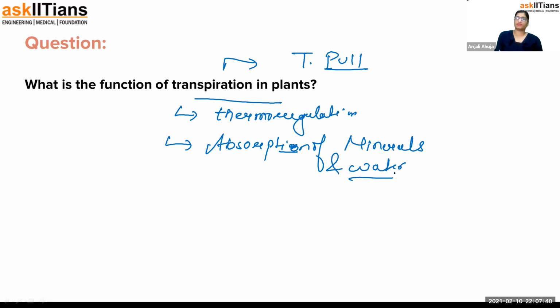What other point can you think of? Water is also maintaining the osmotic pressure, right? So osmoregulation also. Guys, the word osmo is related to water itself, so do not get confused at this point. I should have written osmotic regulation, osmoregulation, but that's fine, you understand it now.